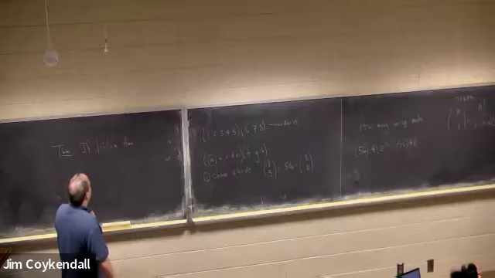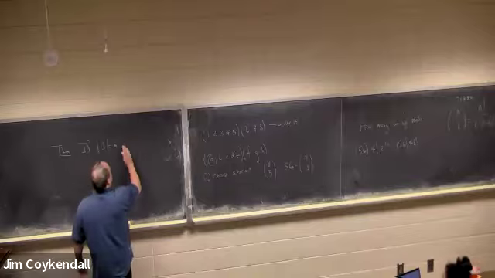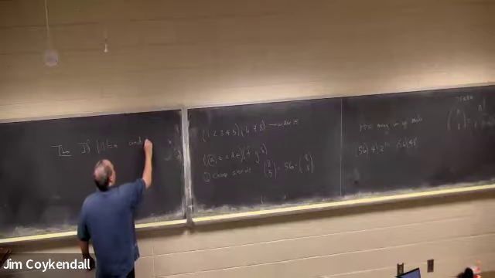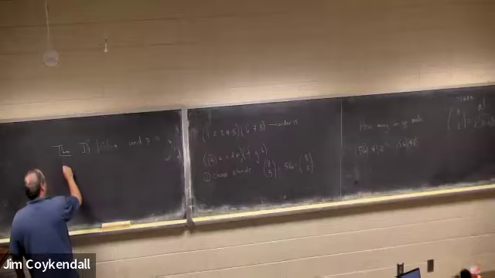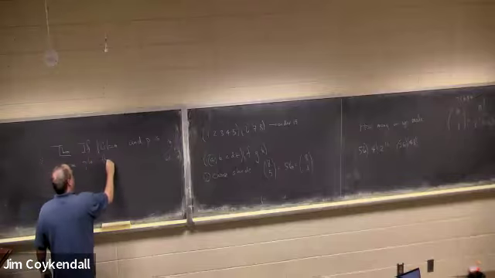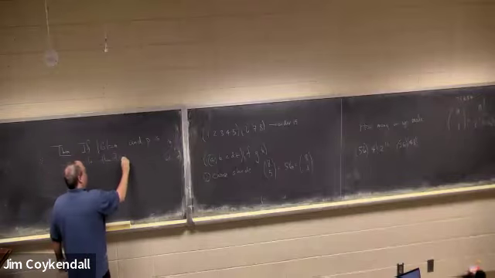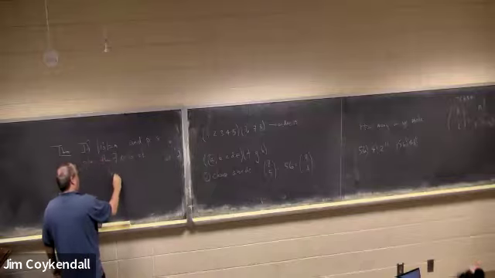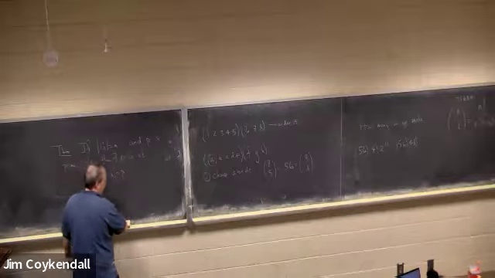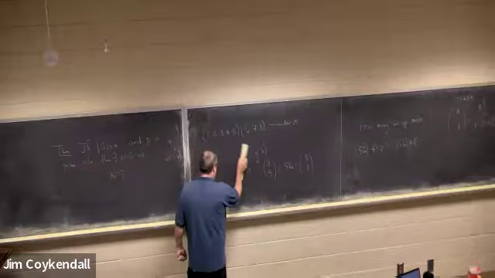So if G is a finite group and p is a prime dividing the order of G, then there exists an x in G such that x has order p. Now here's the idea, it's a group actions kind of thing.